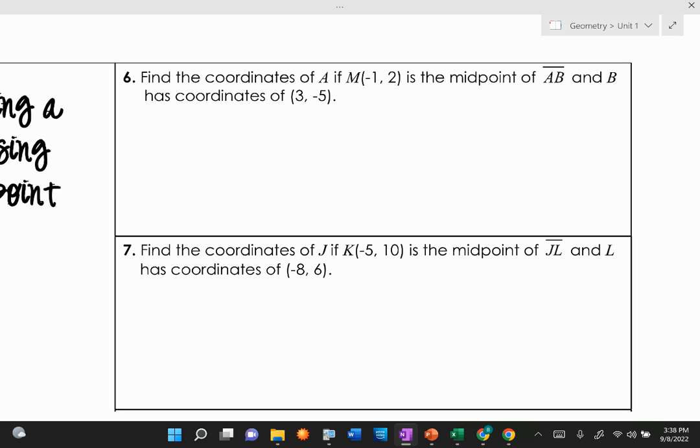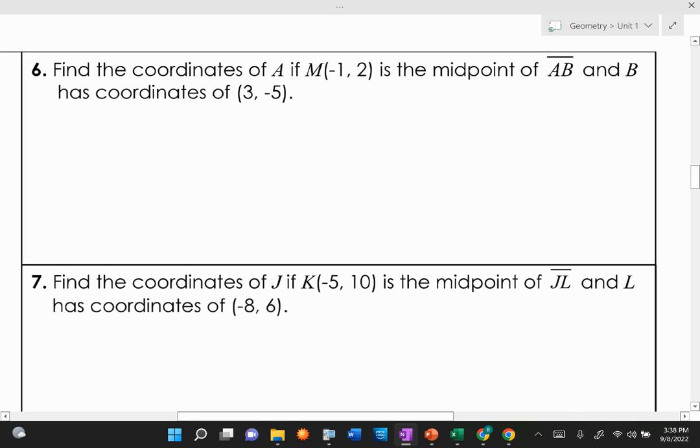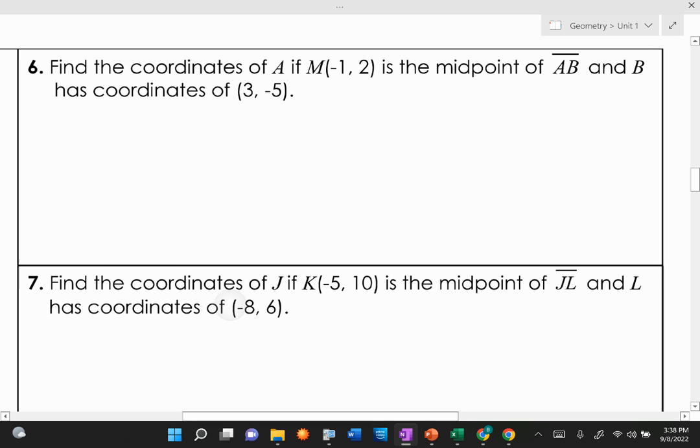Now you're going to get either the answer or the correct point, and you have to find the missing values. So now we're bringing in some algebra. So you're going to find the coordinates of A if M is a value of -1, 2, and that is the midpoint of AB, and B has the coordinates of 3, -5. Okay, so what they're giving us is a line.